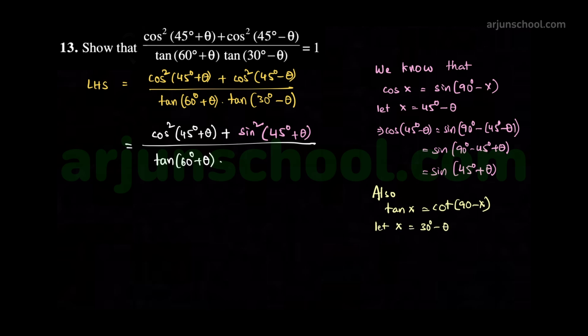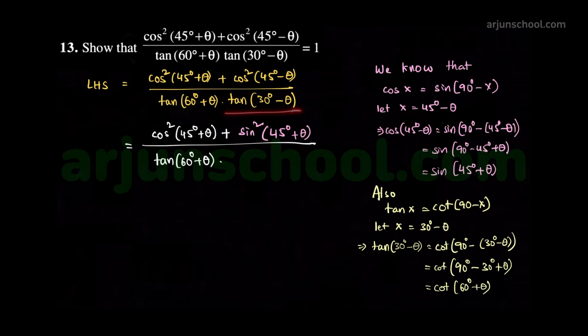Then tan (30° − θ) is equal to cot (90° − x), where x is 30° − θ. 90 − 30 + θ, that is equal to cot (60° + θ). Therefore, we can write tan (30° − θ) as cot (60° + θ).